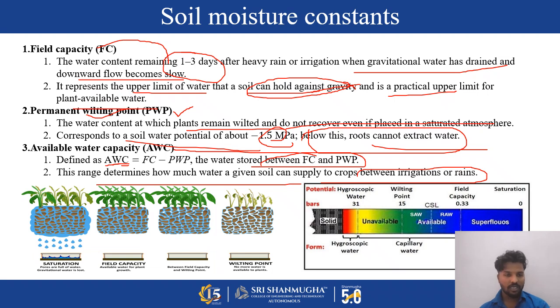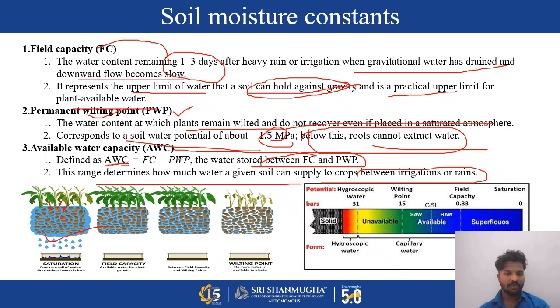In saturation, pores are full of water and gravitational water is present. The pore means the space between two soil particles. This is soil particle one, this is soil particle two, and these brown colored ones are the soil particles.